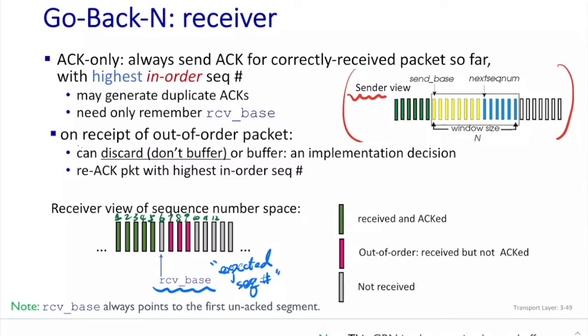the receiver's view of the sequence number space is right here. As you can see, the pointer is right here. That means the receiver has already received data 1, 2, 3, 4, 5, and it already ACKed 1, 2, 3, 4, 5. So it is waiting for data 6.